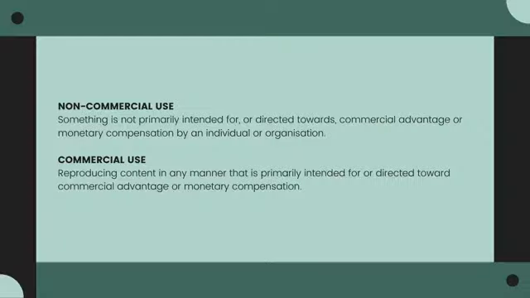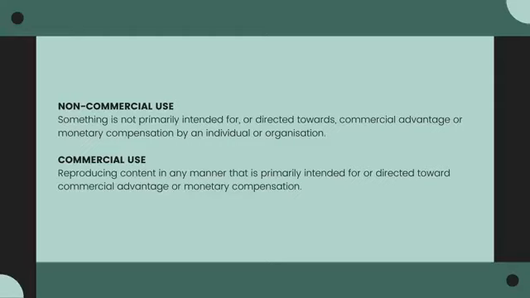And let's now talk about non-commercial versus commercial, because you'll see this around a little bit, so I wanted to cover it. Starting with non-commercial, which basically means something is not primarily intended for or directed towards commercial advantage or monetary compensation by an individual or organization. So for example, if you're going to be using something in a lecture presentation in a class you're taking or for your personal projects, then that would be non-commercial.